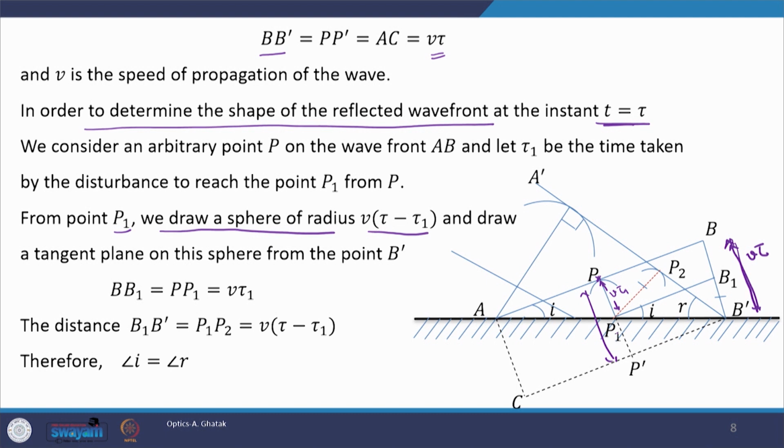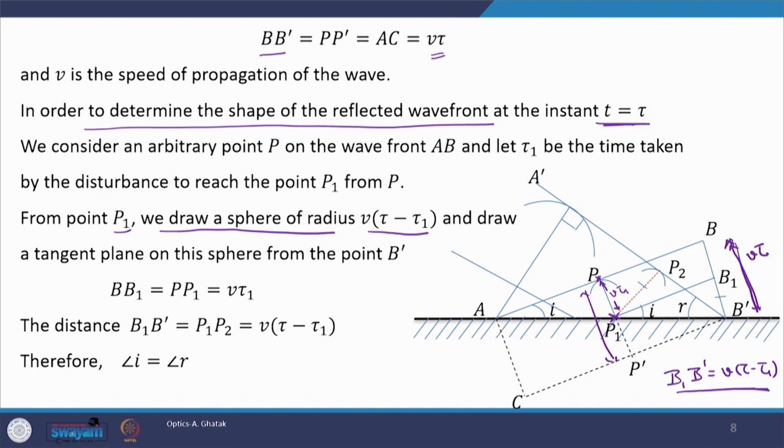Now, we just take the difference between these two distances, which is nothing but B1 B prime. B1 B prime is equal to v into tau minus tau 1, and we will draw a sphere of radius v into tau minus tau 1, considering P1 as the center of the sphere. Okay.